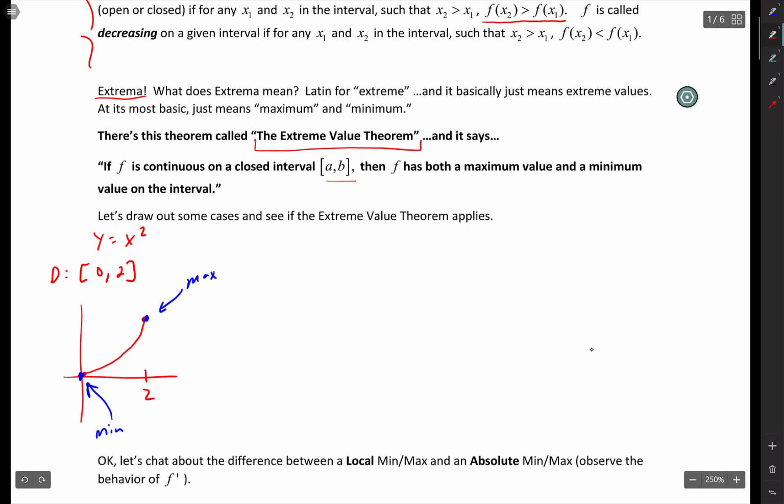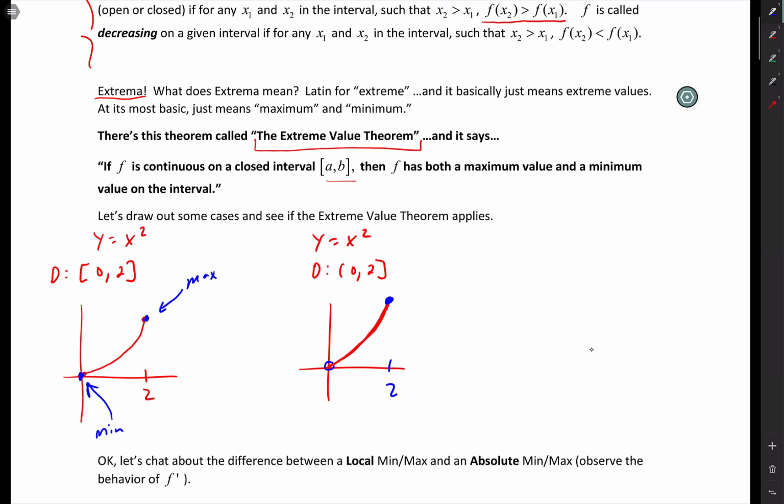Should we do different? Okay, what if we don't have closed? Let's do y equals x squared again. What if my domain is from 0 to 2? Notice I only have a bracket on the 2 and a parenthesis on the 0. And so open circle, closed circle. I tried to make it look parabolic there, guys.